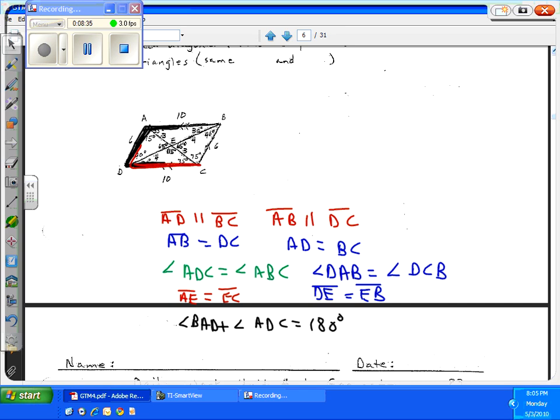And we could do this pair. We could say that pair is supplementary. Or we could say that this pair is supplementary. Or we could say that this pair is supplementary. Consecutive angles are supplementary. There would be 4 pairs of consecutive angles.